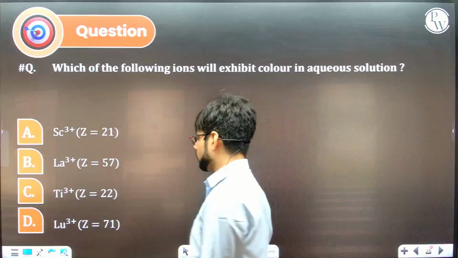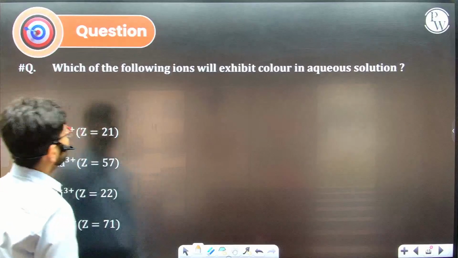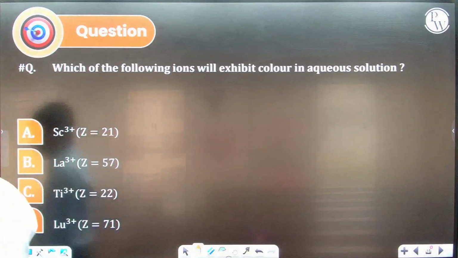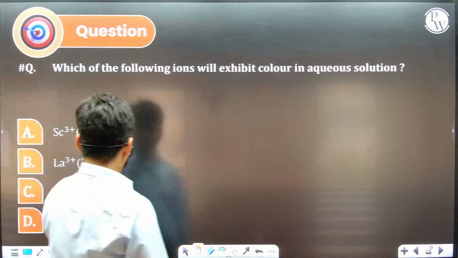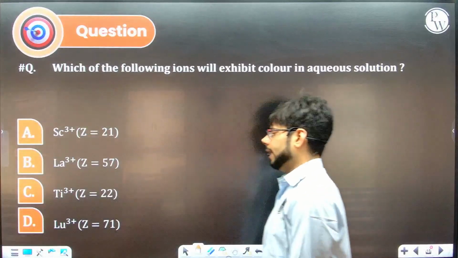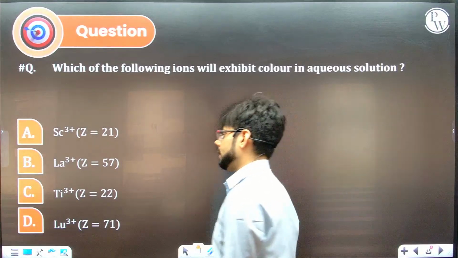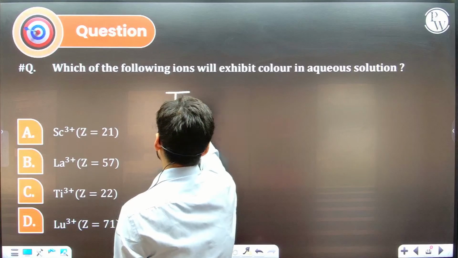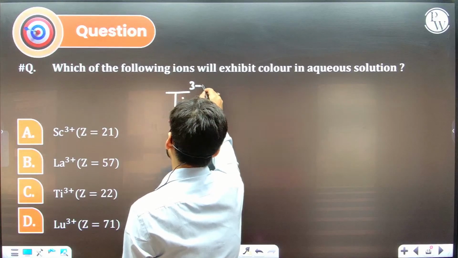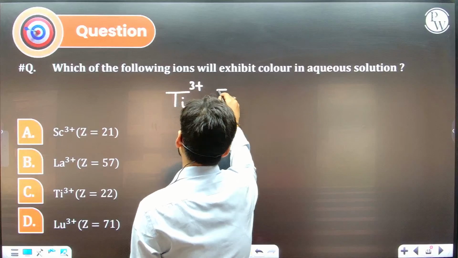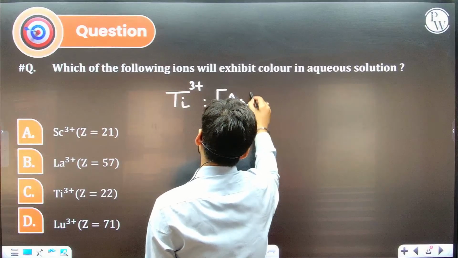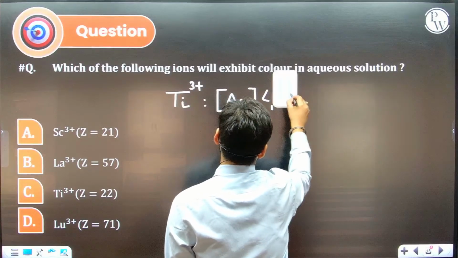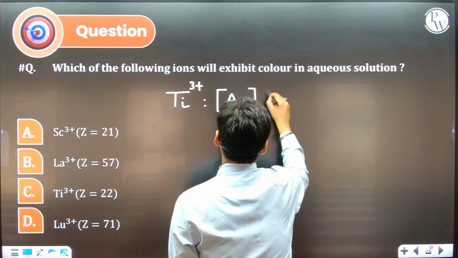Next one. Which of the following will exhibit color in aqueous solution? If we know that there are unpaired electrons, then definitely color will be shown in the aqueous solution. Let's try for this, Ti3+. For titanium, we can write the electronic configuration. The atomic number of titanium is 22.